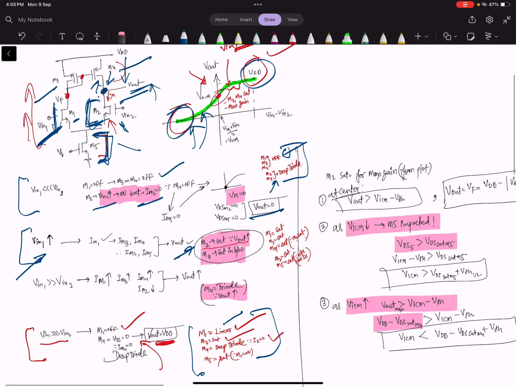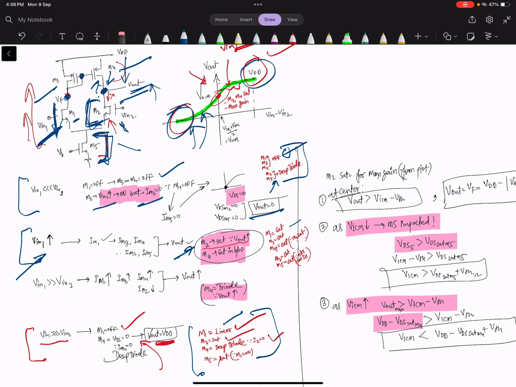M2 will go into saturation, because earlier it was 0, so 0 to Vout, it is increasing, so that is why M2 is in saturation. M1 is in saturation, because of the current increase, this voltage is going from what was the earlier voltage here.